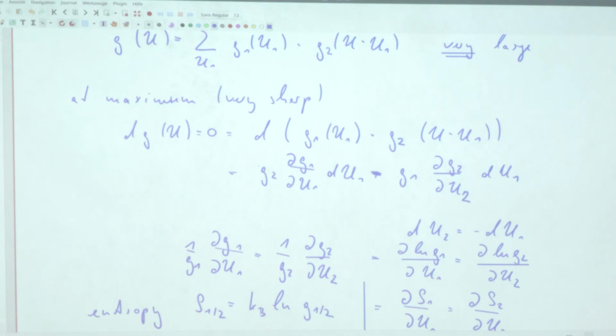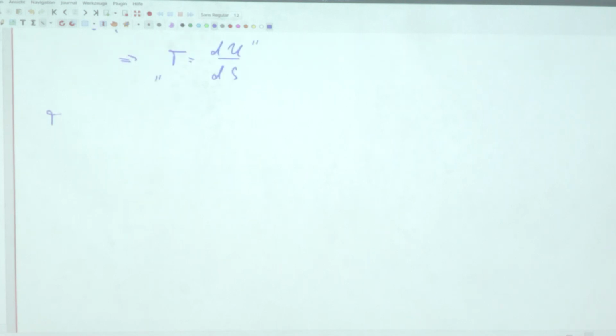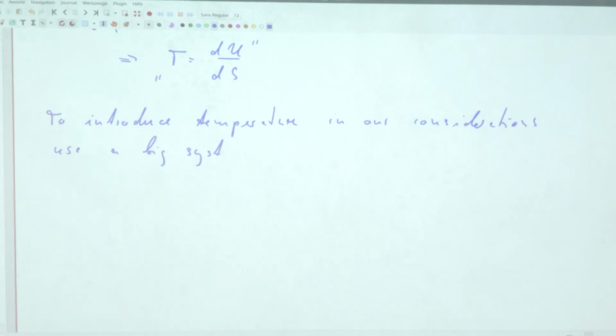We just use a very big system, U2, and a small system, U1. Thermostat.